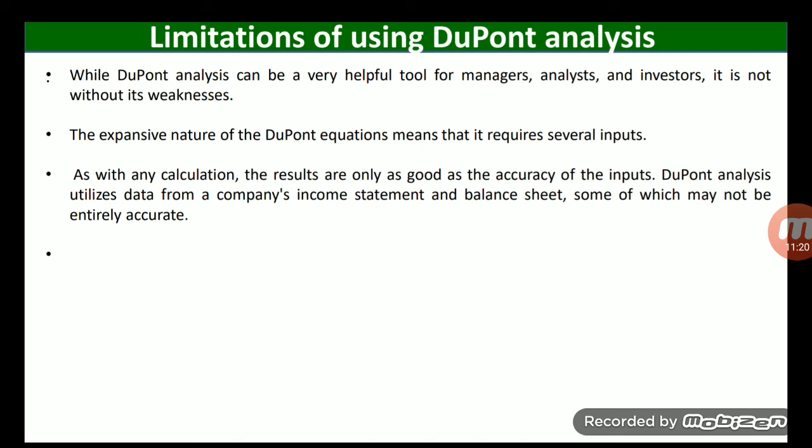So inherent mistakes or data manipulation can come into DuPont analysis, because it uses data from the company's income statement, balance sheet, or other statements, such as cash flow and free cash flow, some of which may not be entirely accurate.